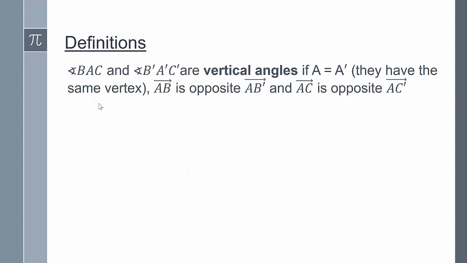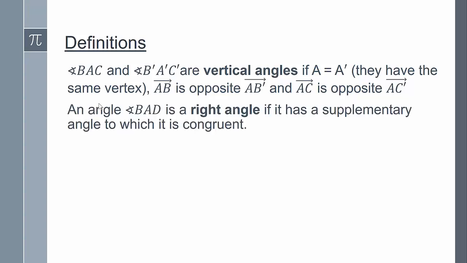Let's also review the definition of vertical angles. Angle BAC and angle B'A'C' are vertical angles if A equals A prime, so that they have the same exact vertex, and ray AB is opposite ray AB prime, and ray AC is opposite ray AC prime.